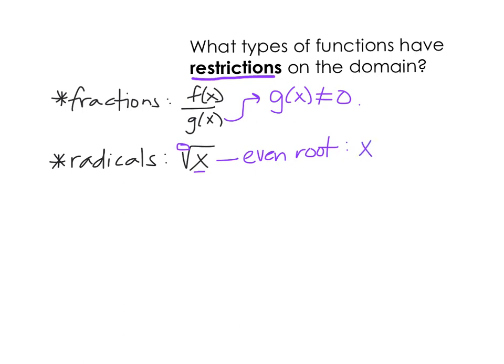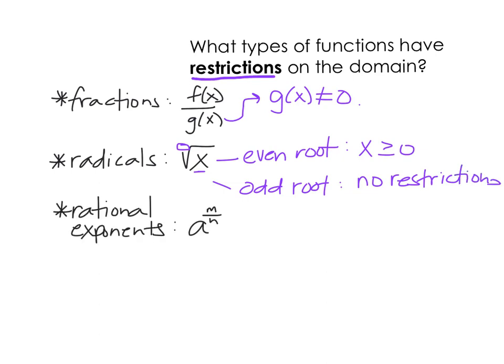So that means x would have to be greater than or equal to 0, or whatever's on the inside with x. However, if we're taking an odd root, remember we defined odd functions or odd roots back in lesson 6.1. You can take any odd root that you want, whether it's positive, negative, or 0. Therefore, if you have an odd root, there's no restriction, which means your domain would be all real numbers, kind of like the linear functions over on the left.